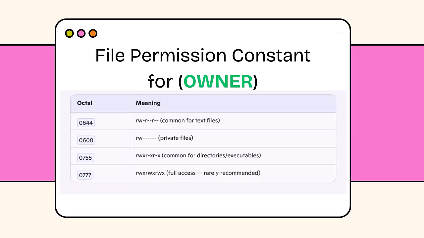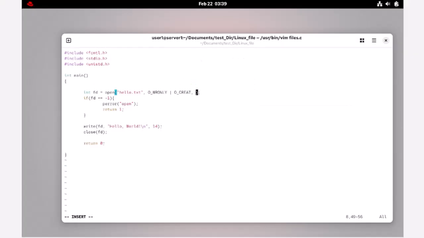So if we look here, I want the owner to read and write from the file, but the user and group, I just want them to read the file and not write into the file. So I'm going to use this octal 0644.